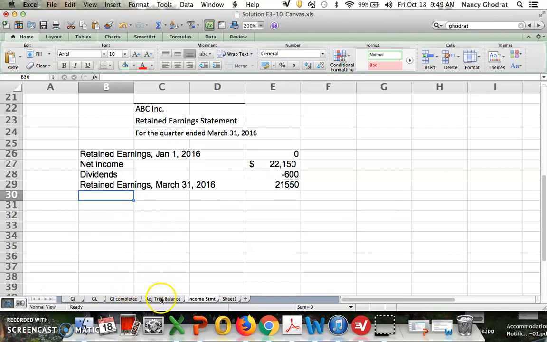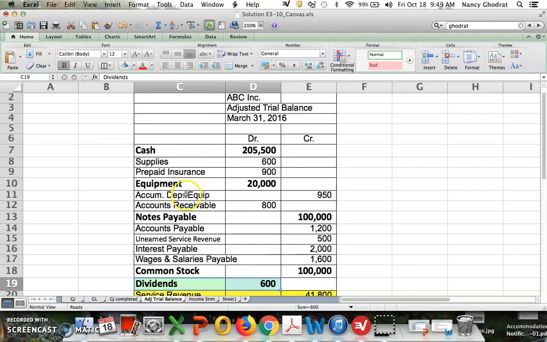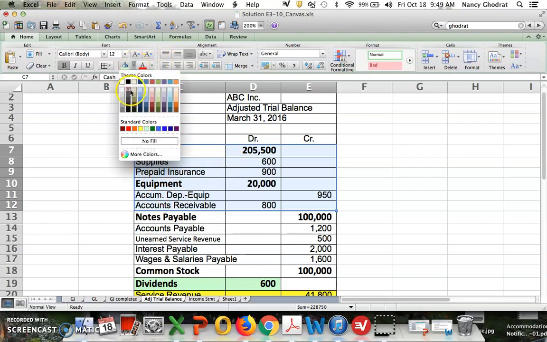Now, the next statement we prepare is the balance sheet. When you go to the adjusted trial balance, all your assets are here and the contra assets. So we need to show assets and contra assets in one section of your balance sheet. The items in blue in here are your assets and contra assets.